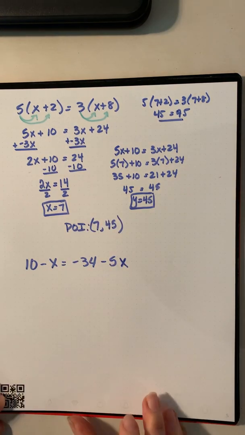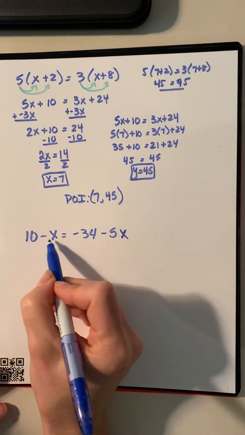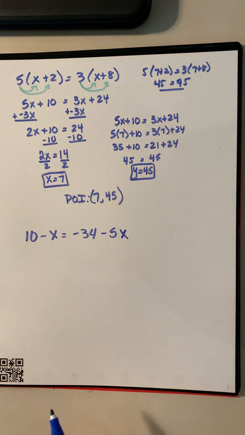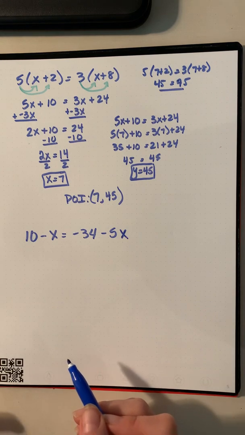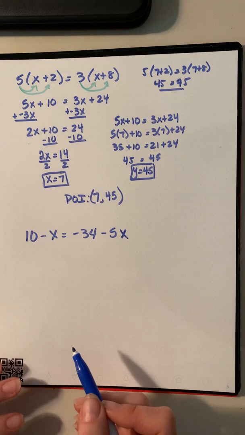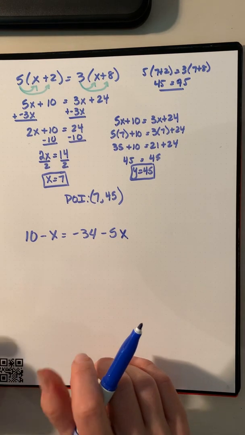Right? Okay, last one. Now I've got my 10 minus x equals negative 34 minus 5x. Okay, if you want to rewrite this so that the mx plus b format is a little bit clearer, that's fine. You could do that. That was from our last quiz. Or you can just leave it as is, all right? Let's see.